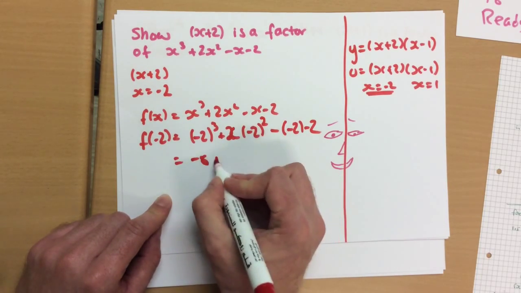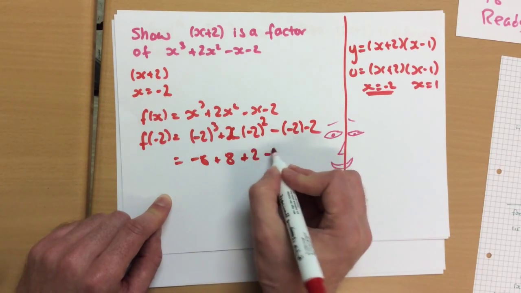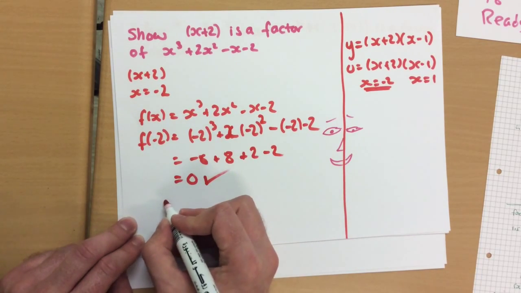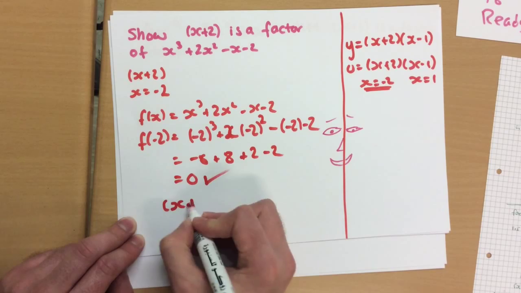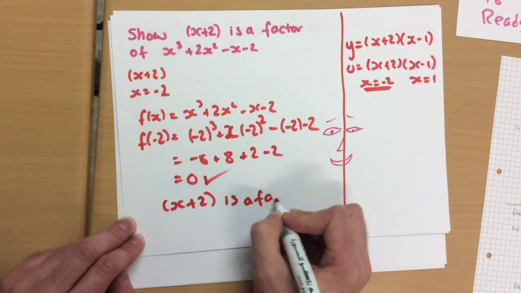That's positive 4, so plus 8. Plus 2 minus 2, which does give us 0. Therefore, it is proven that x plus 2 is a factor.